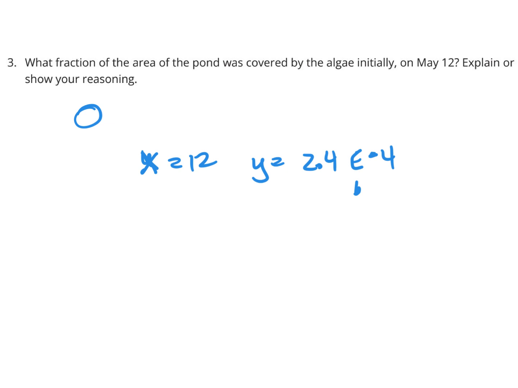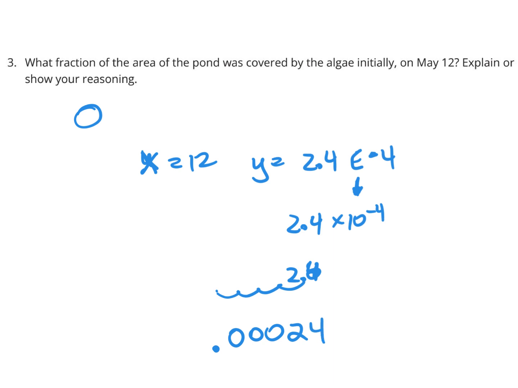So e means times 10 to the minus 4th exponent. E stands for exponent. So 2.4. What this tells us in scientific notation is move the decimal point 4 places to the left. 1, 2, 3, 4. So you get 0.00024. This is how much of the surface of the pond was covered when the stuff was spilled in the pond.